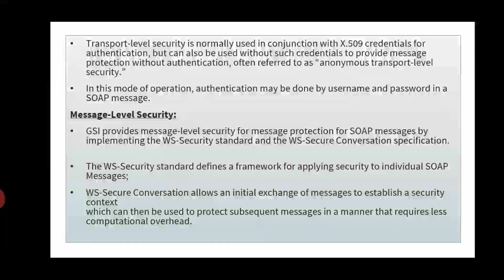It is normally used in conjunction with X.509 credentials for authentication, but it can also be used without such credentials to provide message protection without authentication, often referred to as anonymous transport level security. In this mode of operation, authentication may be done by username and password in Simple Object Access Protocol messages.